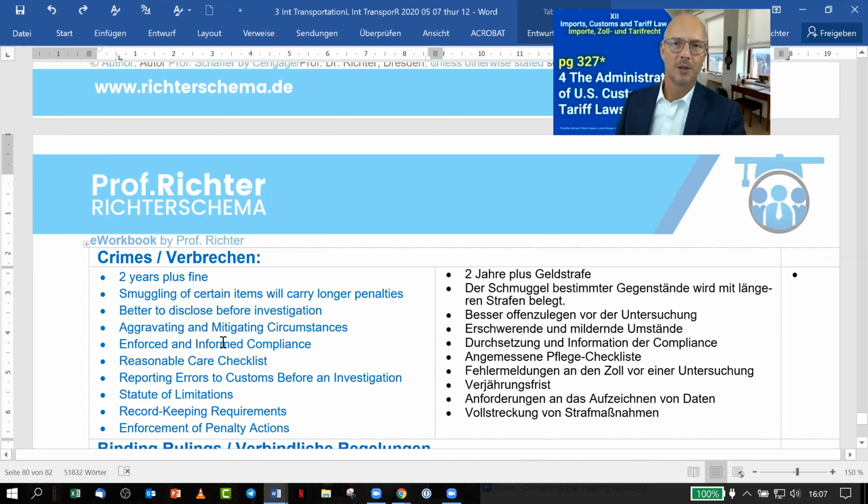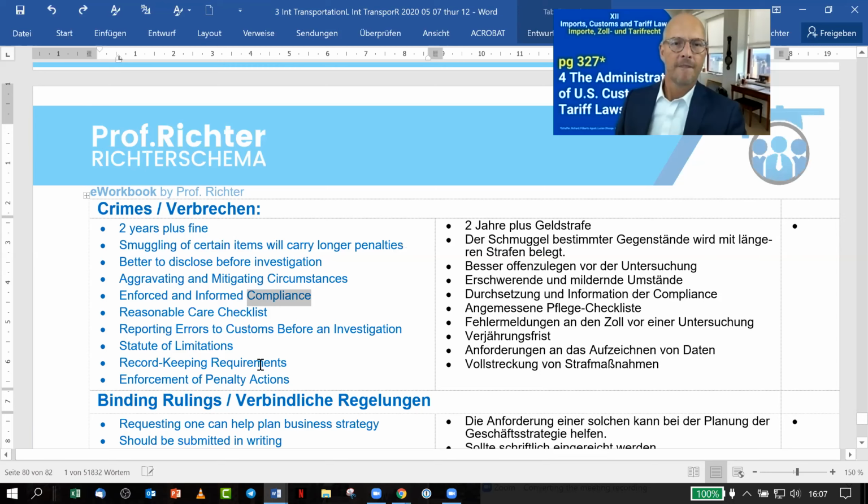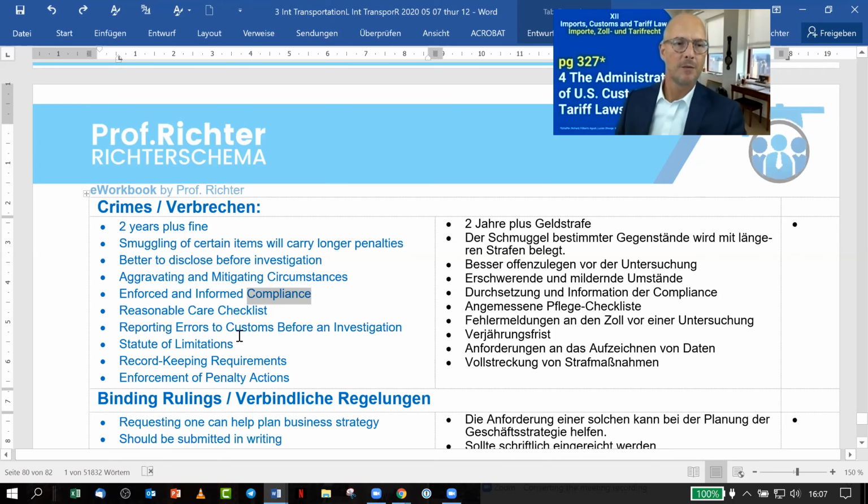So it's always better to disclose before they investigate, because if you disclose what you have done wrong, maybe they give you aggravating and mitigating circumstances. This is also a part of compliance. Of course, you can wait a little bit, because sometimes we have a statute of limitations, and sometimes you say, okay, they didn't see what you have done.